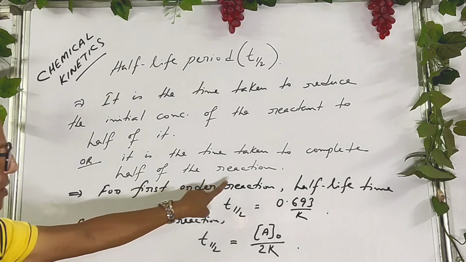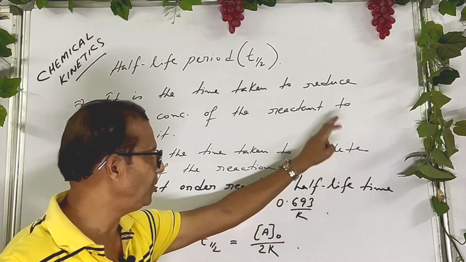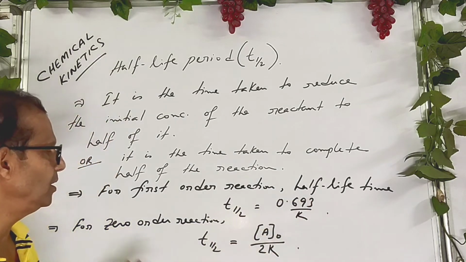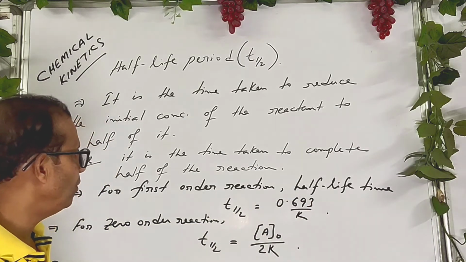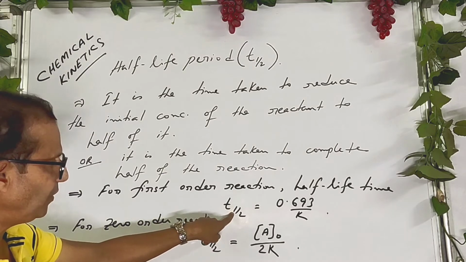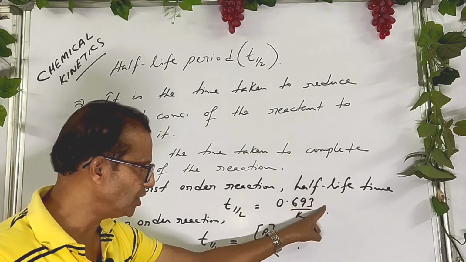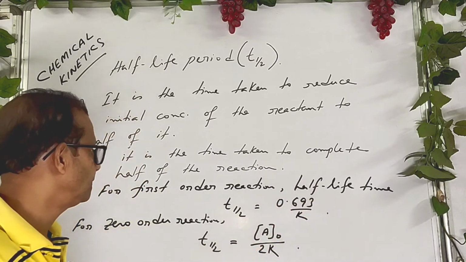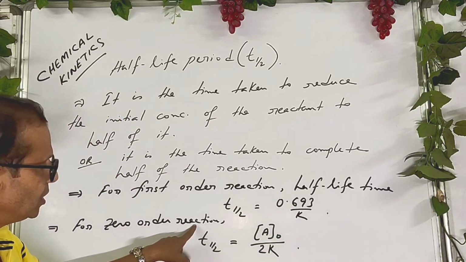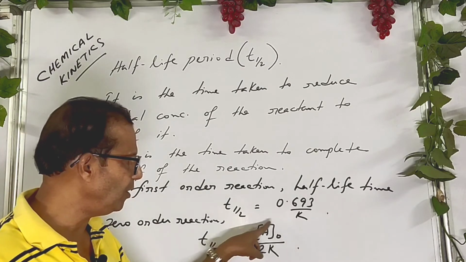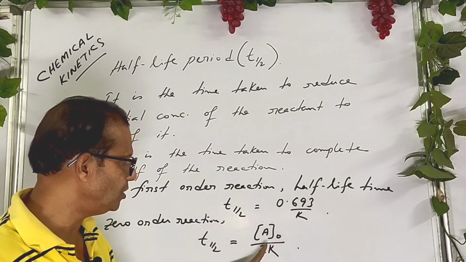For first order reaction, the half-life time is 0.693 by K. So you can say that for first order reaction, half-life time is independent of the initial concentration of the reactant. For zero order reaction, the half-life time is equal to A naught, that is initial concentration, by 2K.